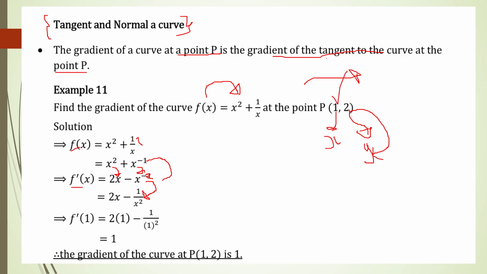So we substitute for the value of x at this point, which is 1, in our derivative. And then we simplify using a calculator. We are going to end up with our gradient to be 1. And then we make a conclusion that the gradient of that particular curve at point 1, 2 is going to be the same as positive 1. So the gradient is positive, and it also has a value of 1.